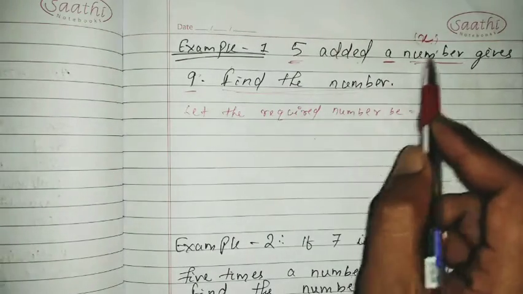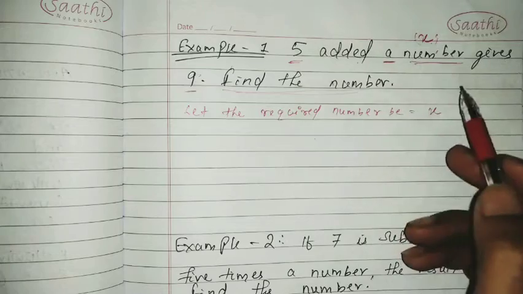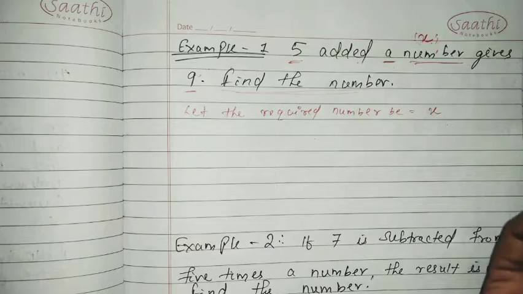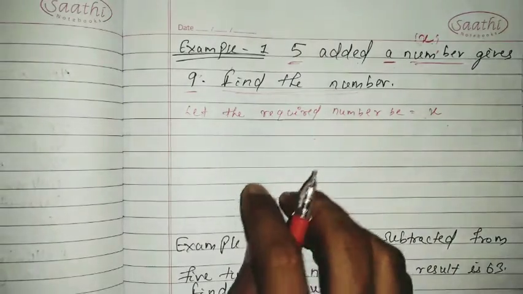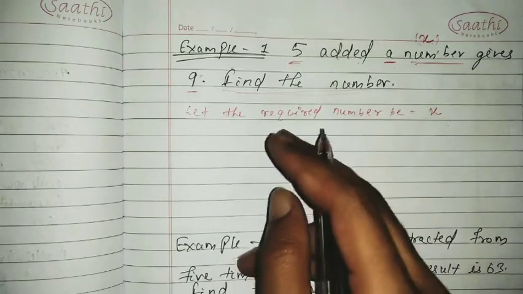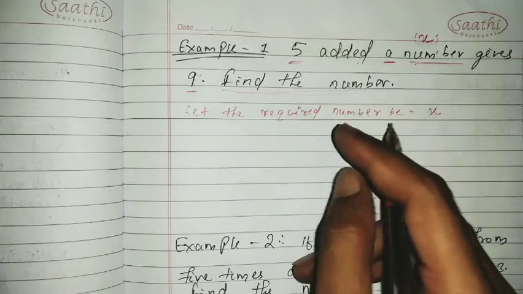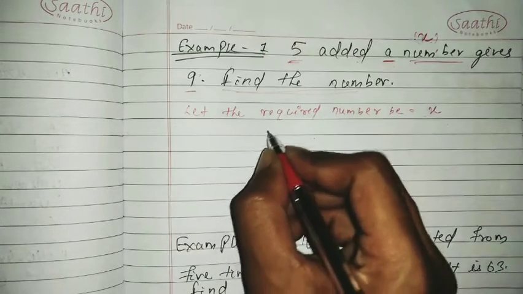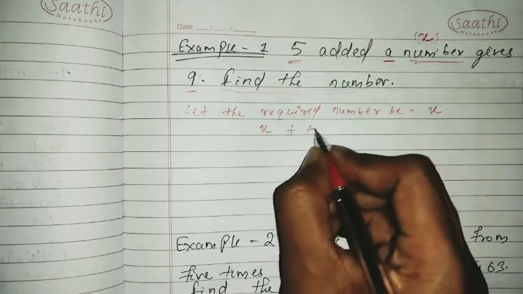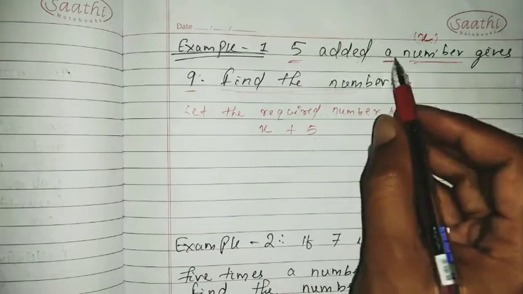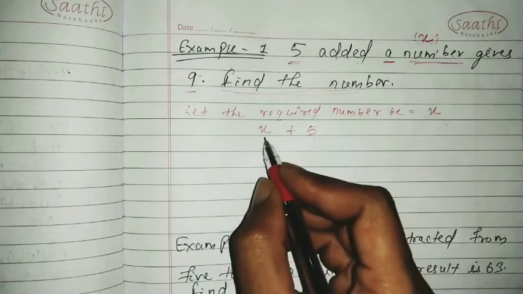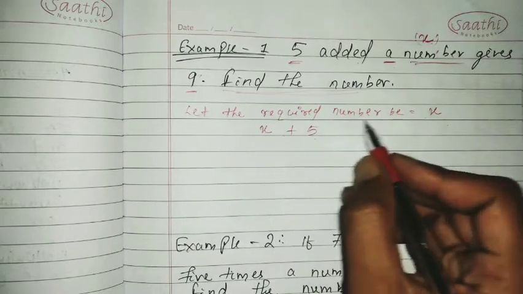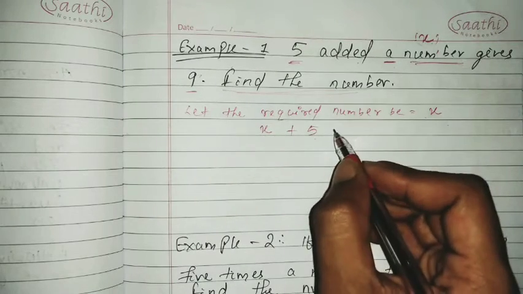So when 5 is added to a number we get 9, and thus we obtain the following equation: x plus 5, which gives you 9.